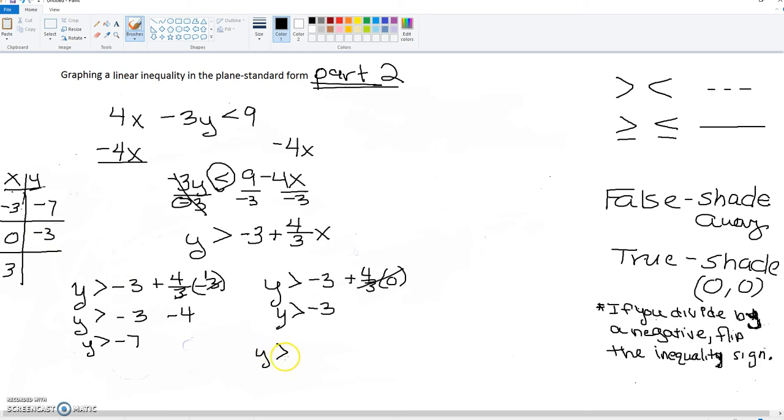So we've got y is greater than negative 3 plus 4 over 3 times 3. Again, these 3's cancel, leaving us 4 plus a negative 3. And of course, if you've got that calculator that I recommended, it makes life so much easier. And so y is greater than 1.